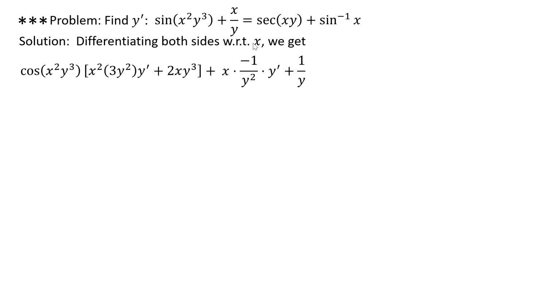So x times 1 over y: the first function is x, that's what I have, and the derivative of 1 over y with respect to x is negative 1 over y squared times y prime, plus 1 over y, which is the second function, times the derivative of the first function x, which is 1.